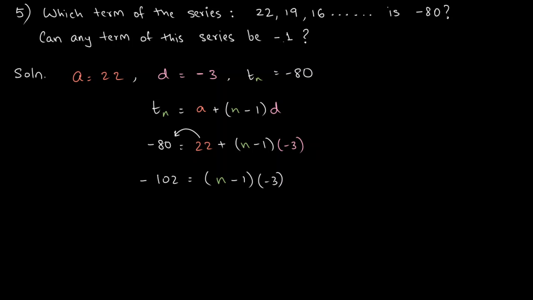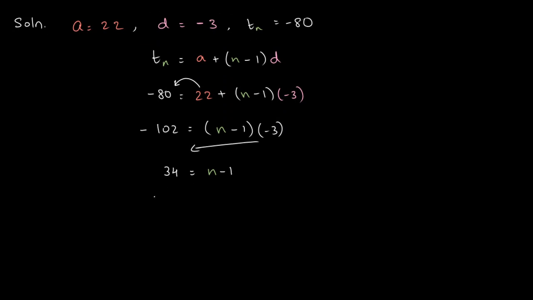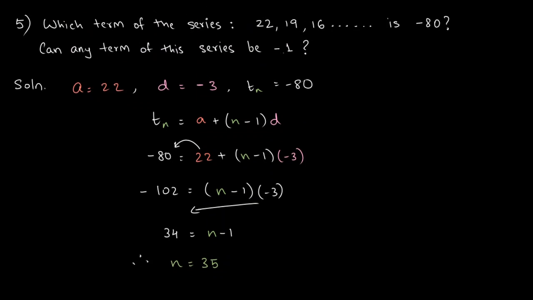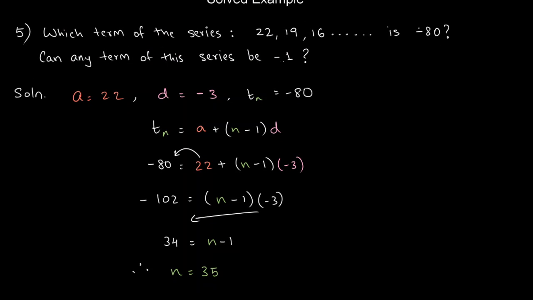Now minus 3 is multiplication, taken to the other side is division. Minus 102 upon minus 3 is 34, which is equal to n minus 1. Now if I rearrange this term, I get the value for n. Therefore n is equal to 35. So the 35th term of the series is negative 80.